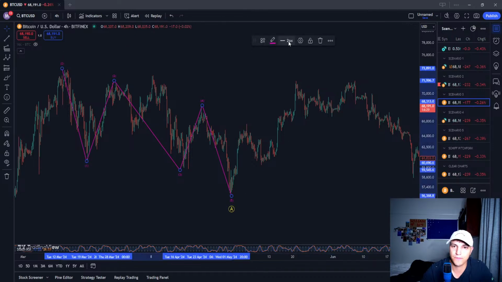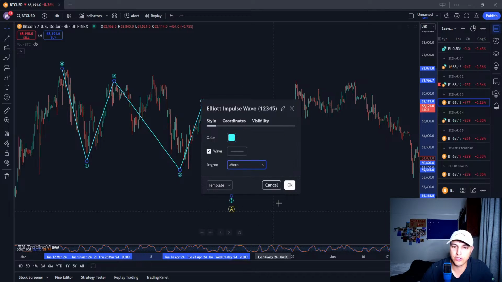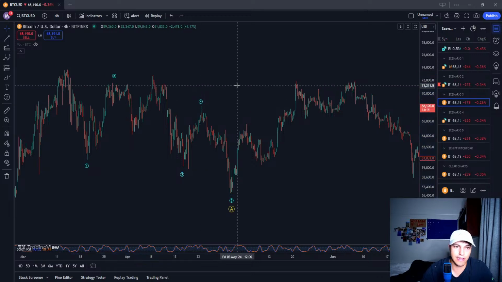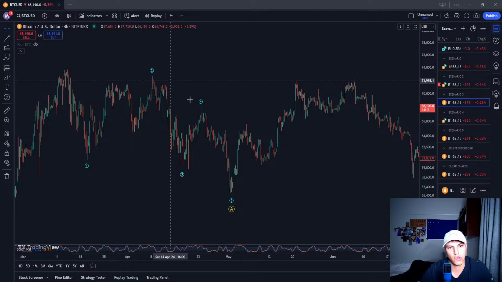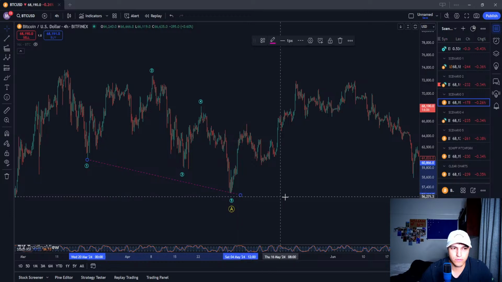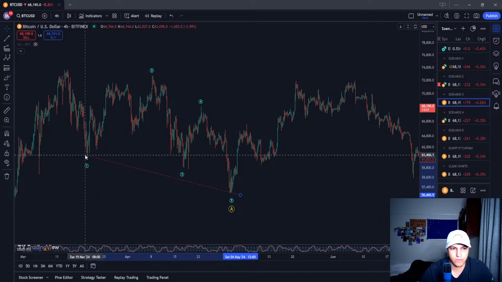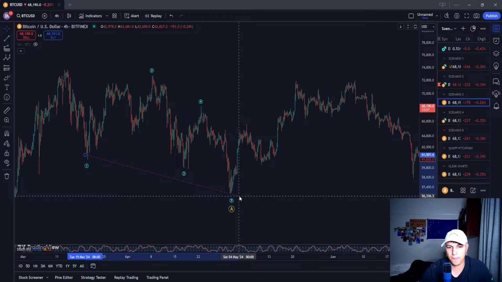Happy. Changes to blue, changes to micro, take waves off. Lovely. And 2. Not a very pretty thing, but it's okay.